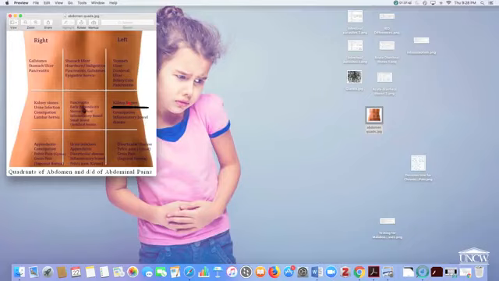So if you've got right lower quadrant pain, I would probably be thinking more along the lines of appendicitis or a pelvic issue or an inguinal issue, okay? And then, you can take a look at the rest of these, but these are just good things for you to know that may be going on with your patient based on pain location on your patient's abdomen.